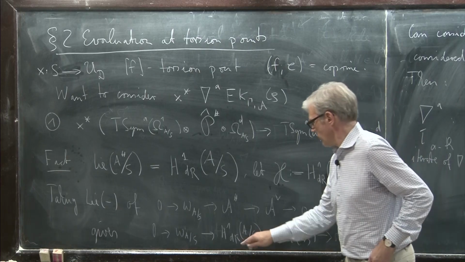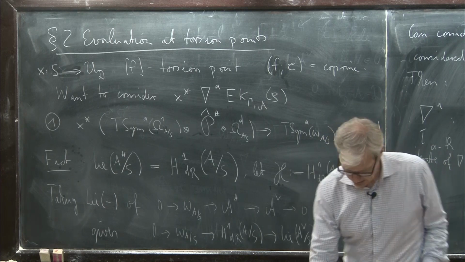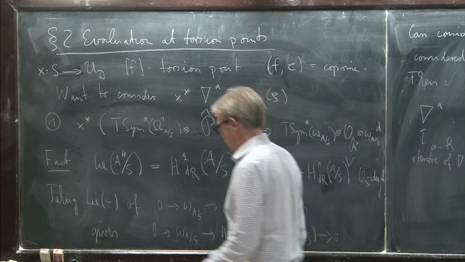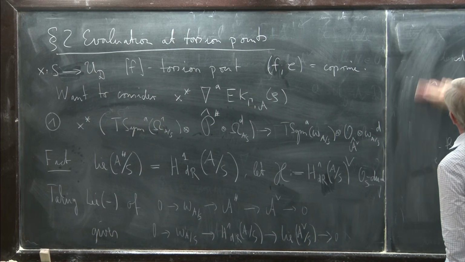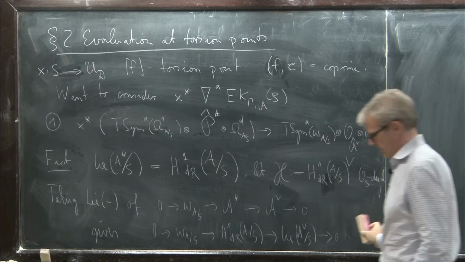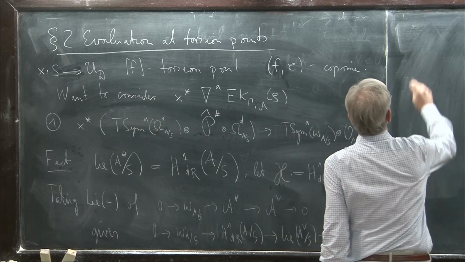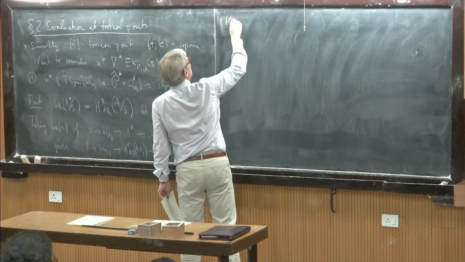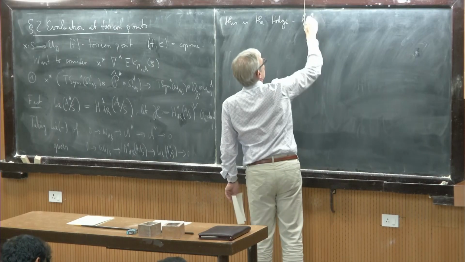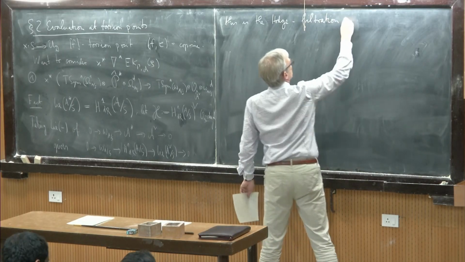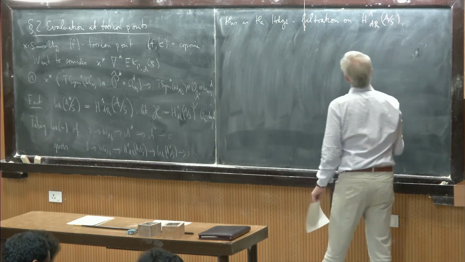This is exactly the Hodge filtration on the first de Rham cohomology. So this is encoded in the universal vector extension. This is the Hodge filtration on H1 de Rham, the algebraic Hodge filtration.